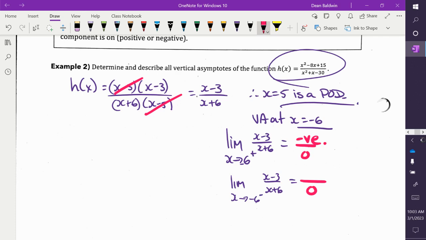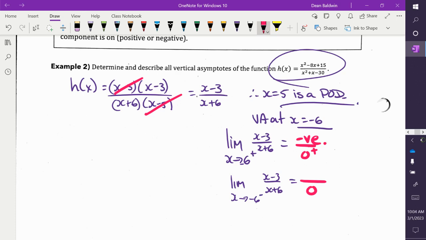And as you get close to negative 6 from the positive side, they're always going to be positive numbers. So the notation that I use is 0 plus. It means it's 0, but you're coming at it from one side and it's always going to be positive. So we have a negative number divided by a positive number, which equals a negative number.